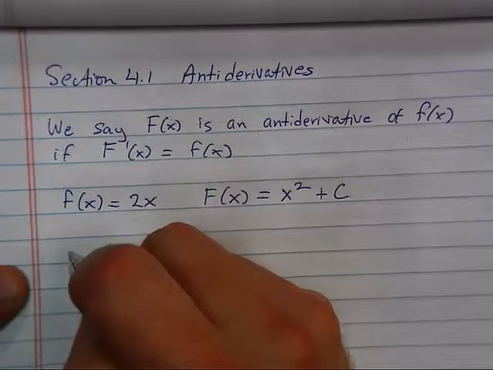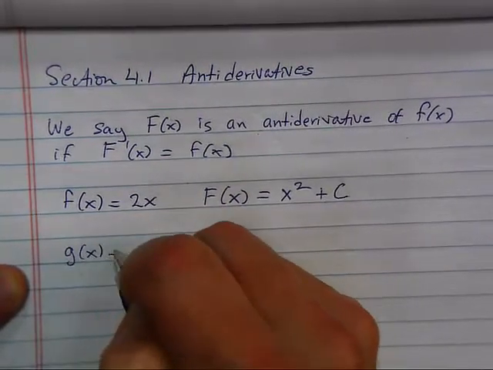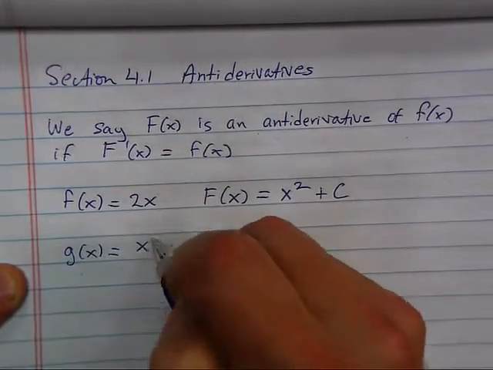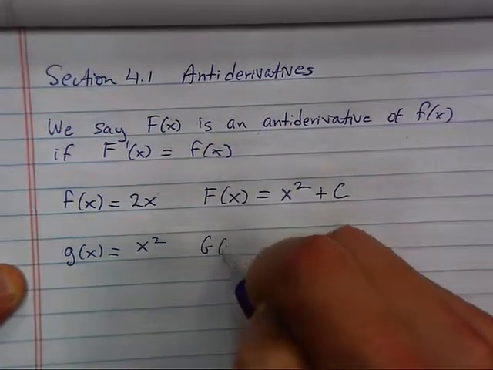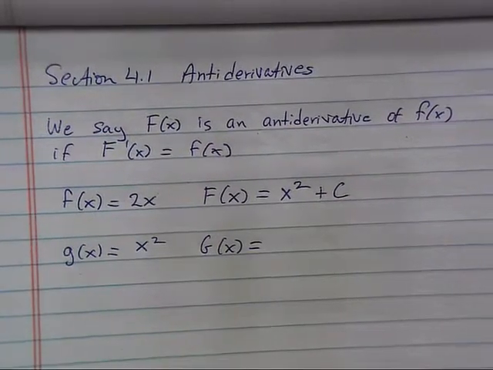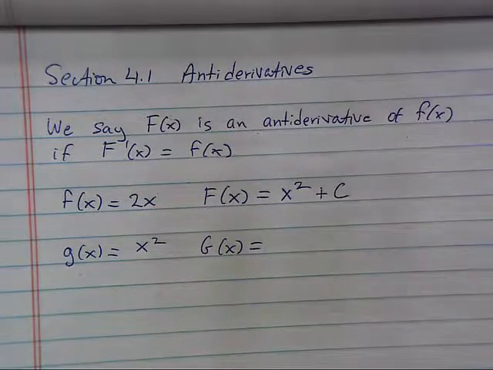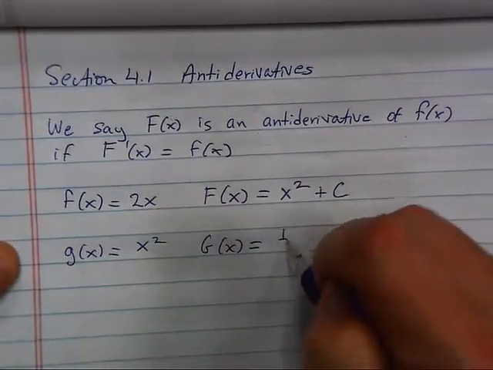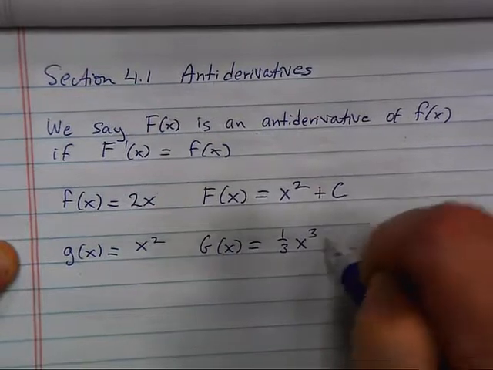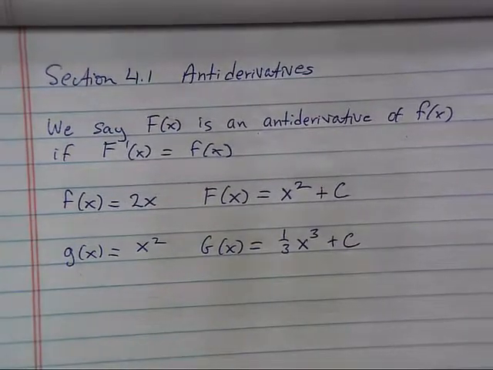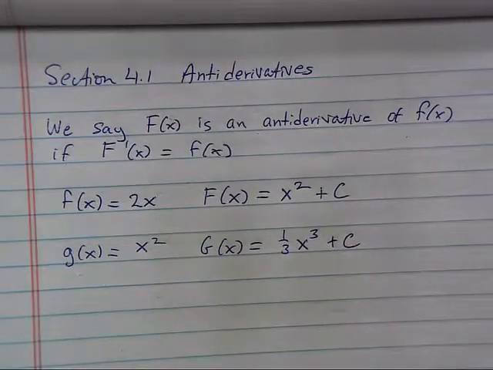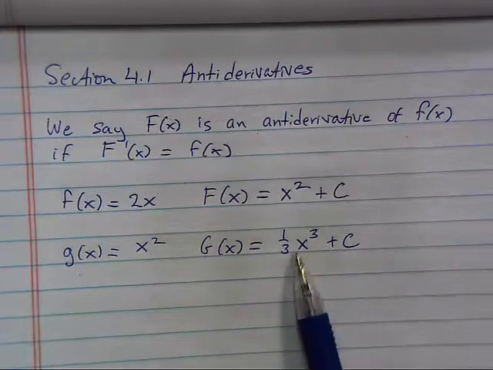All right, how about g of x equals x squared? What is the general antiderivative of x squared? The derivative of what would give me an answer of x squared? 1/3 x cubed plus c. Because if I take the derivative of 1/3 x cubed, I'm going to bring that 3 down, aren't I?